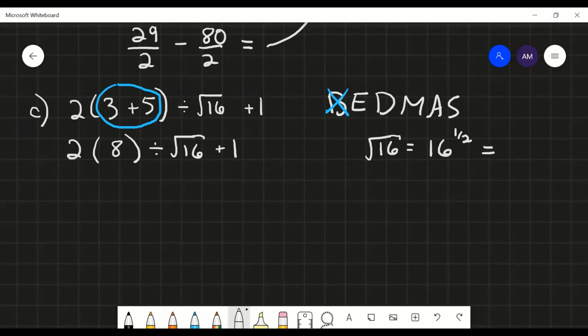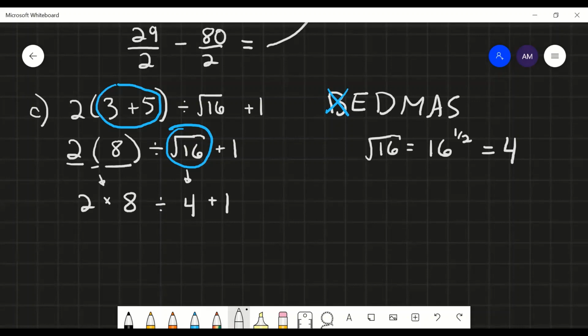It's a number that when you multiply it by itself, you get 16. So the answer is 4. So this square root of 16 would be 4, and everything else stays the same. I'm going to write 2 times 8 like this, just because 2 and then a set of brackets and then 8 would make 2 times 8. And now we're done with the exponents.